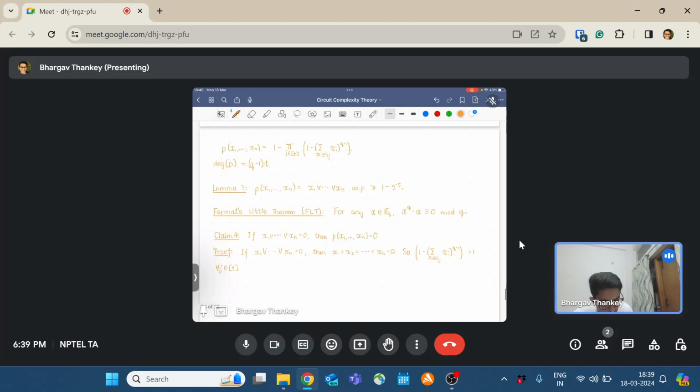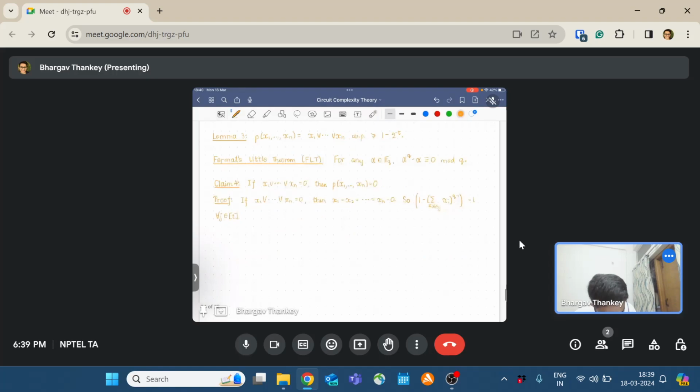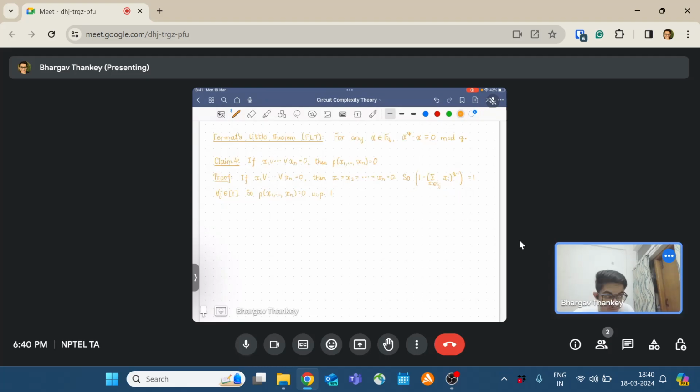And so this product is one because every individual term is one, and so this is zero, with probability one. So here there is no bad case. Here the polynomial is always correct.